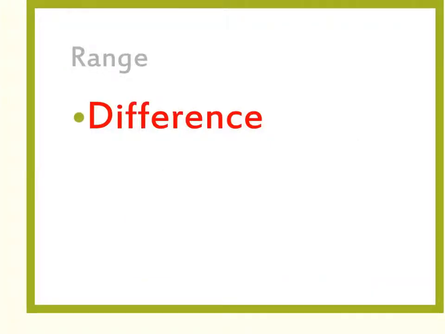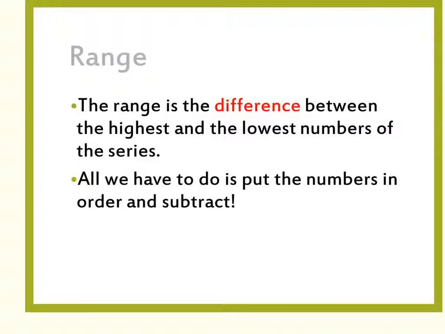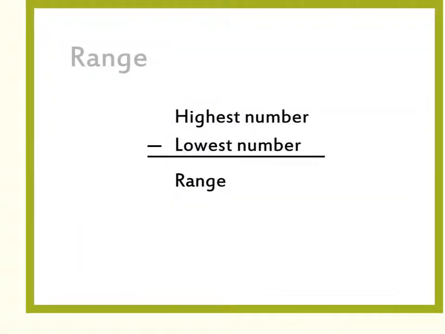The last type of average we'll look at is the range. The range is the difference between the highest number and the lowest number in a set of data. To calculate the range, we take the highest number and subtract the lowest number, giving us our range.